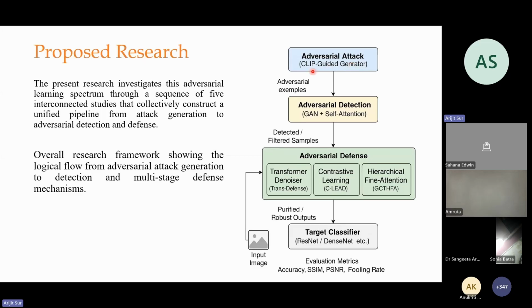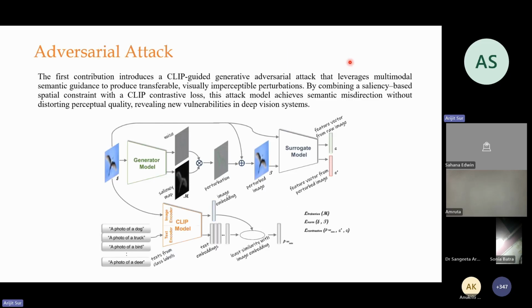We use a CLIP-guided generator for this adversarial attack. Actually, we use CLIP for generating these loss functions. And this generator model gives a saliency map and noise. We fuse these two to get a perturbation, the noise matrix, and add it to the actual image to get the adversarial image, and then train with the surrogate model.